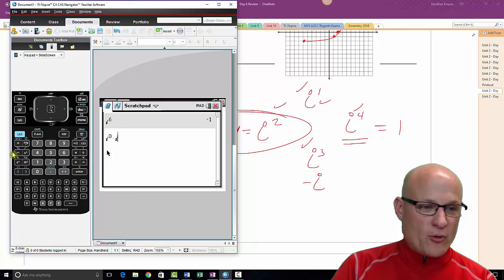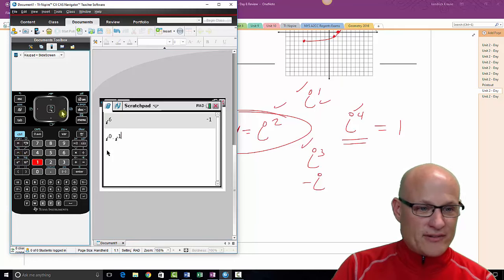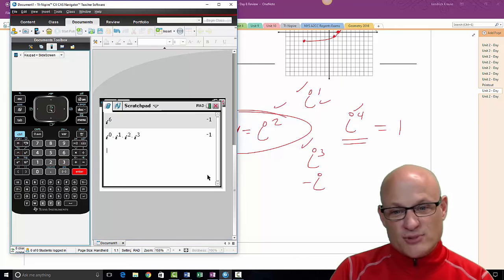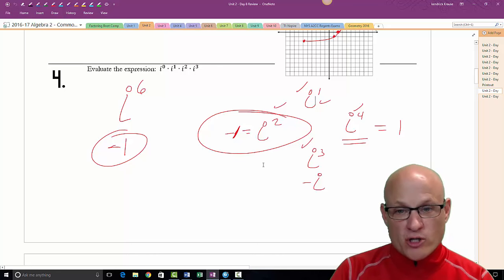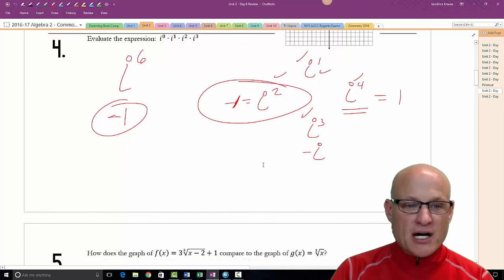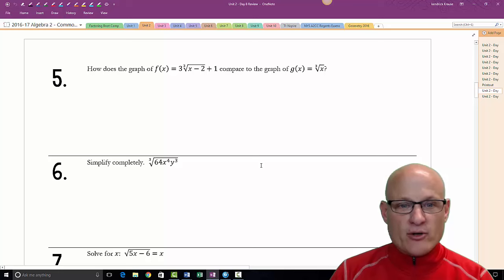Now you could raise it to the 1, that's the same as just i, right? And then times i squared times i cubed, -1. So lots of different ways. You should show work. You have to show some kind of work. That's it.